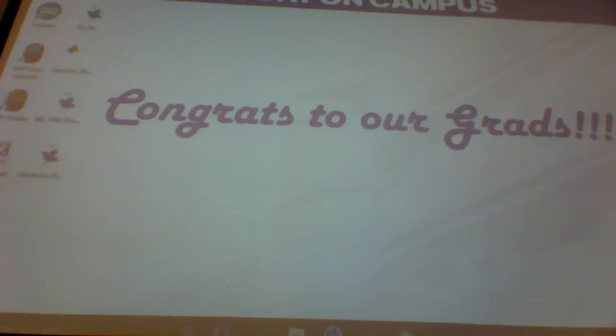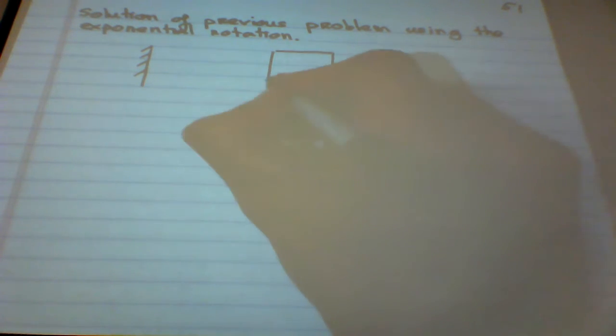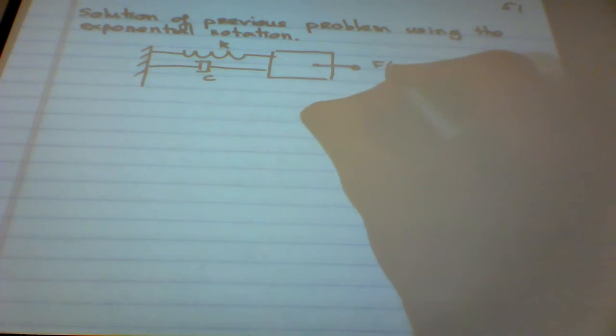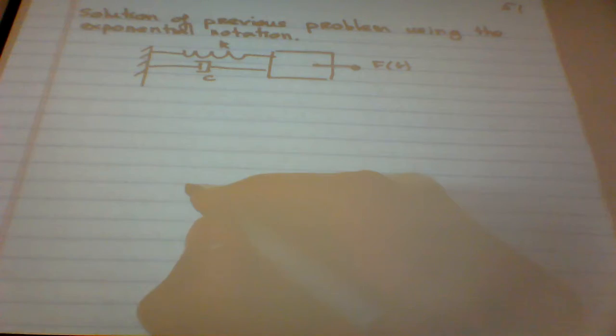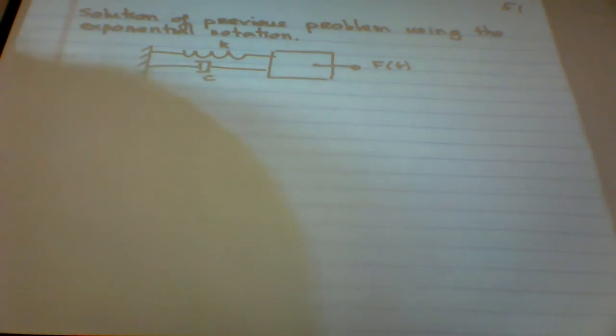Okay, so basically, oops, you should let me know that I wasn't there. Using the exponential notation. And that's the notation we're going to be using now all the time, okay? So this is a problem where we have the force vibration. We have the spring, we have the damper, and we have here the force F of t, where basically we have what?